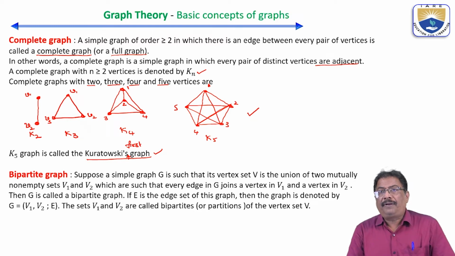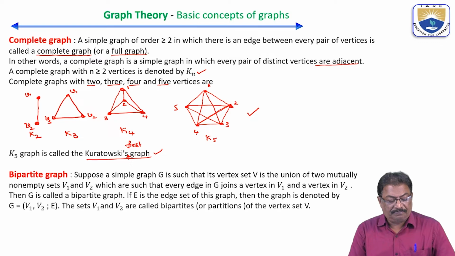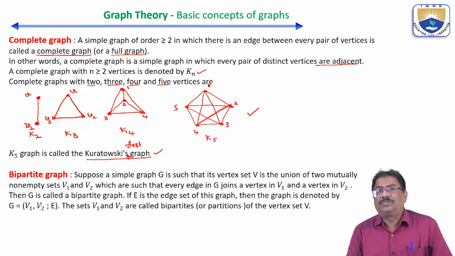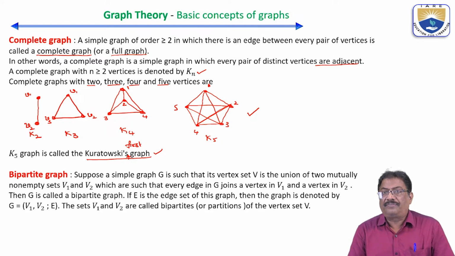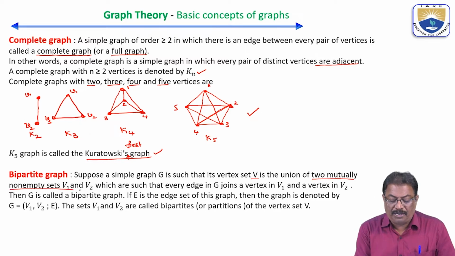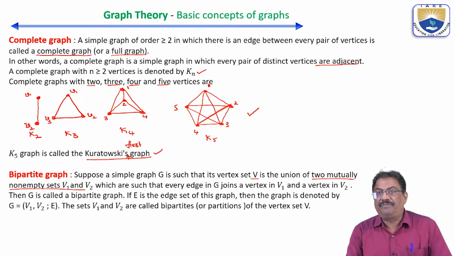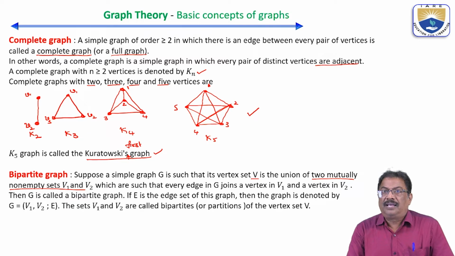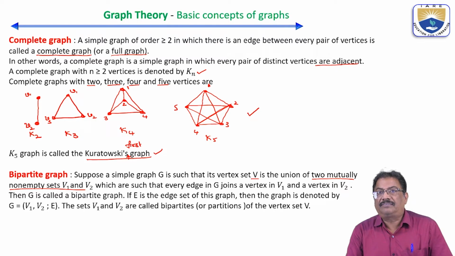Now, bipartite graph, another definition. Let us suppose a simple graph is such that the vertex set V is the union of two mutually non-empty sets V1 and V2, such that every edge in G joins a vertex in V1 and a vertex in V2.